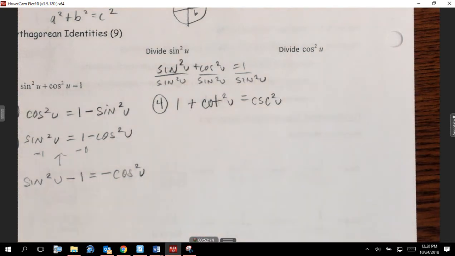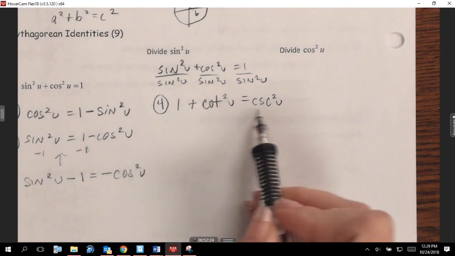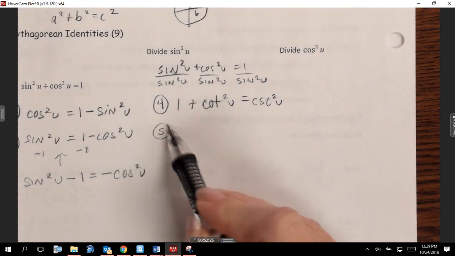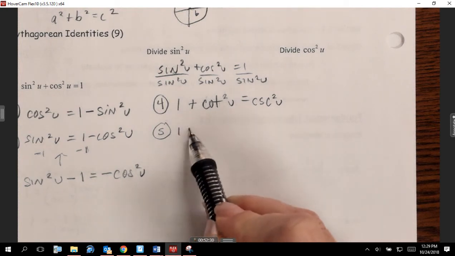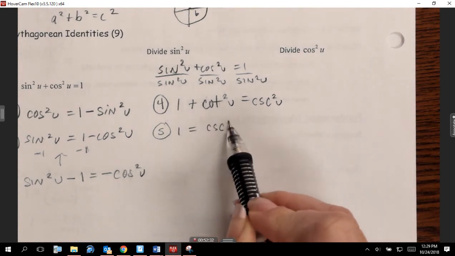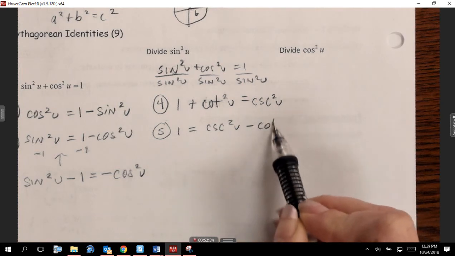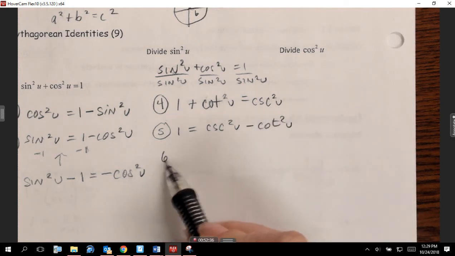Now that looks completely different than our original Pythagorean identity, but it is equivalent to it. Using number 4 that I just did, I could subtract cotangent squared u from both sides. So I can have 1 equals cosecant squared u minus cotangent squared u.